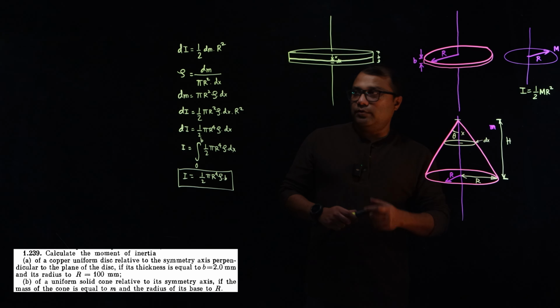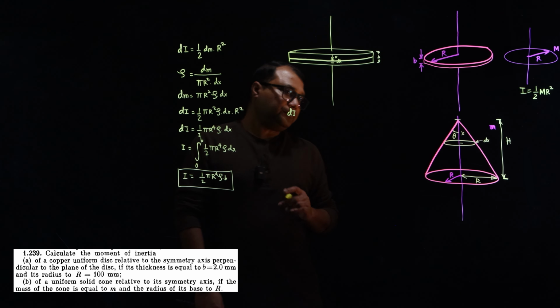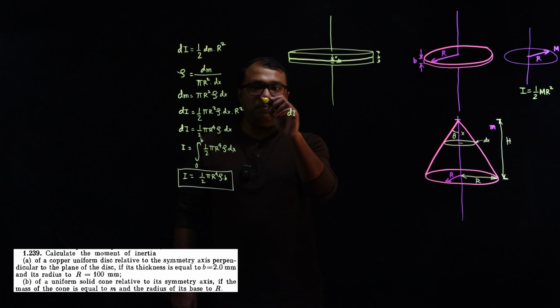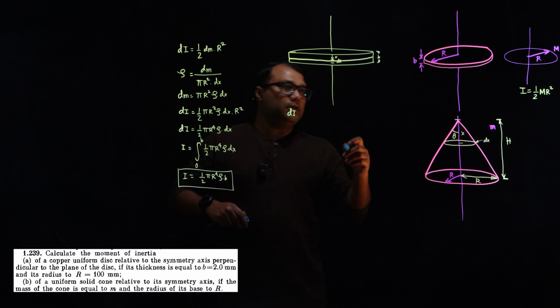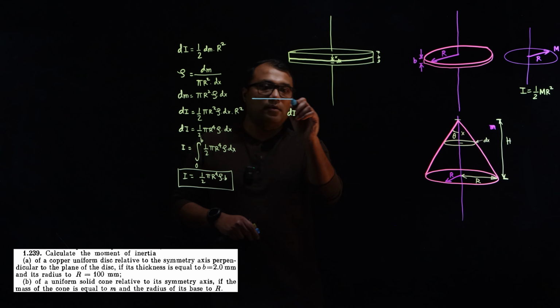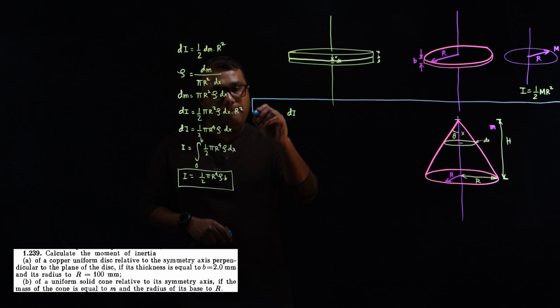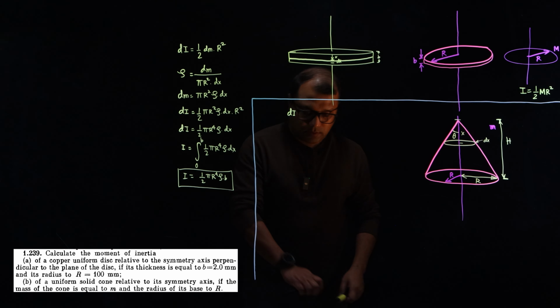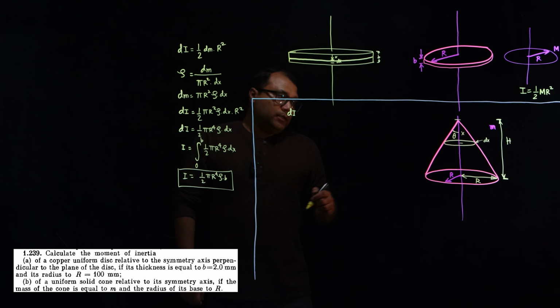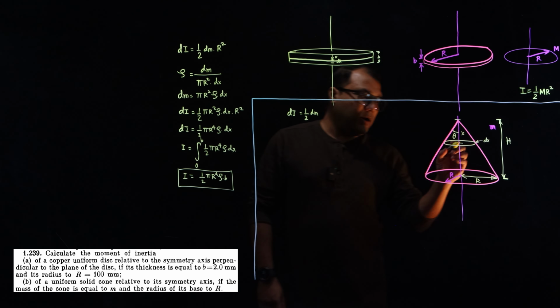So we know from the same result di, the moment of inertia of this small disk, is half dm r square.